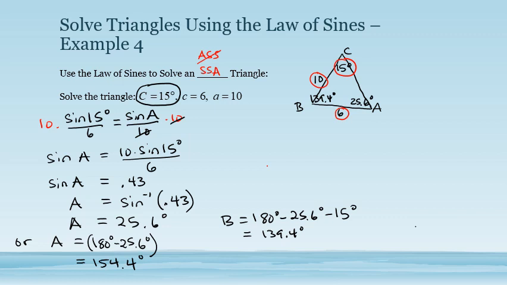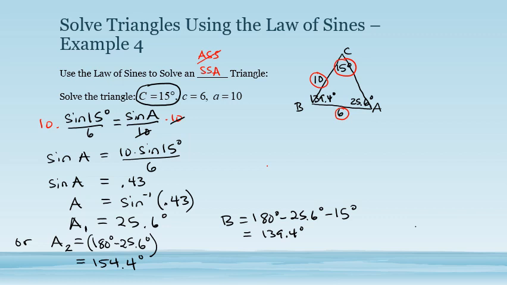So I'm going to start using subscripts now to help me. I'm going to say that one of the angle A's could be 25.6, but another possibility would be 154.4 degrees for a different triangle. I have a GeoGebra app that's coming up that will allow you to see what that triangle might look like. But for now, we do know that we have two possibilities.